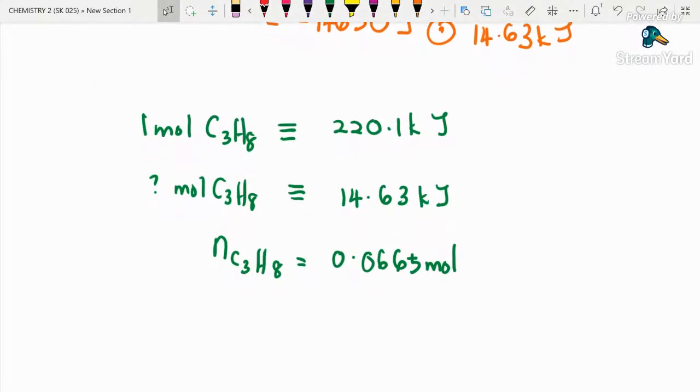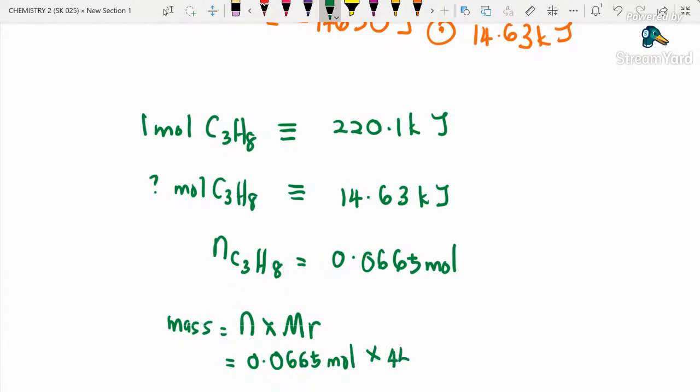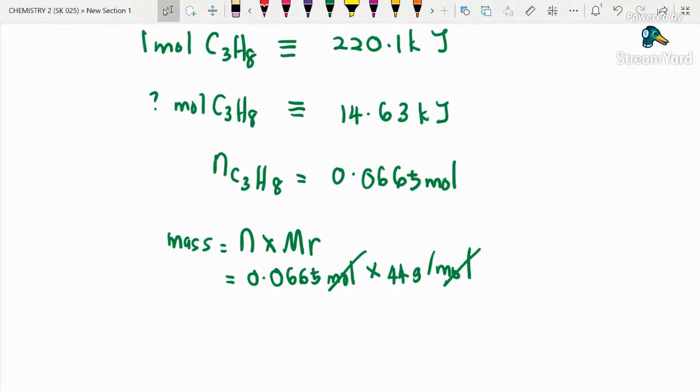Barulah kita pakai formula mass sama dengan mol darab molar mass, which is 0.0665 mol times 44 gram per mol. So mol will cancel off. 0.0665 times 44, 2.93. This is the mass of propane required to boil a water.